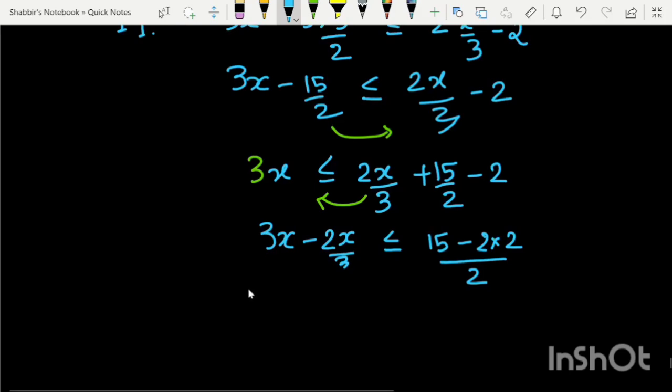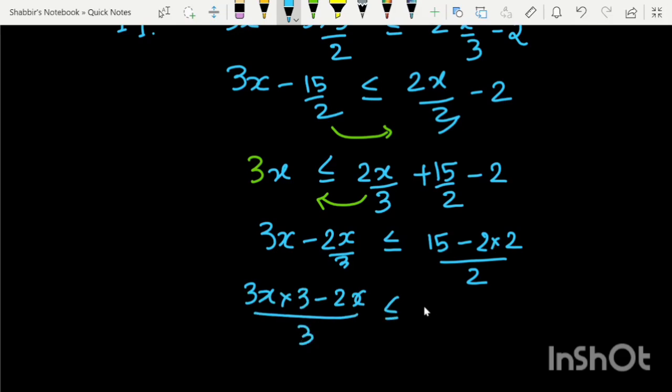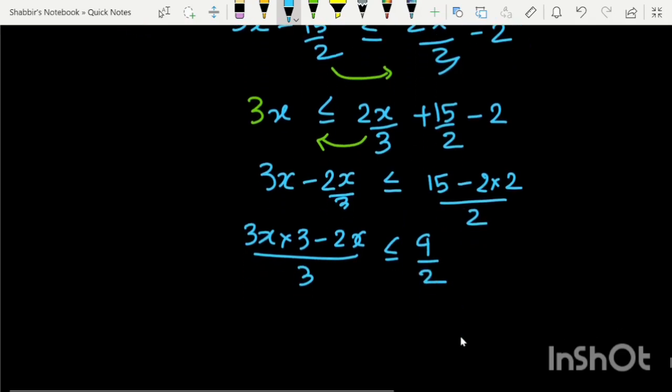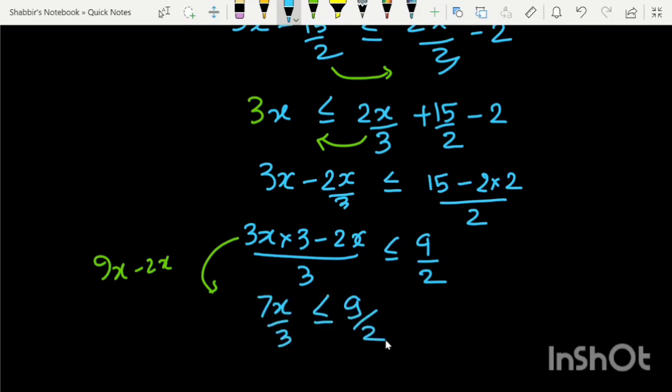Now here also taking LCM, 3x into 3 minus 2x upon 3 less than equal to 15 minus 4, which is 9 by 2. Here also, 3 3s are 9, x minus 2x, so this is 7x by 3 less than equal to 9 by 2.